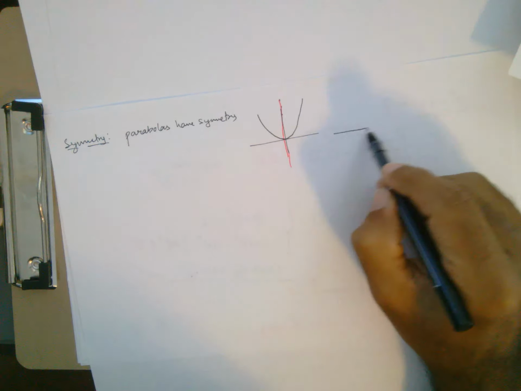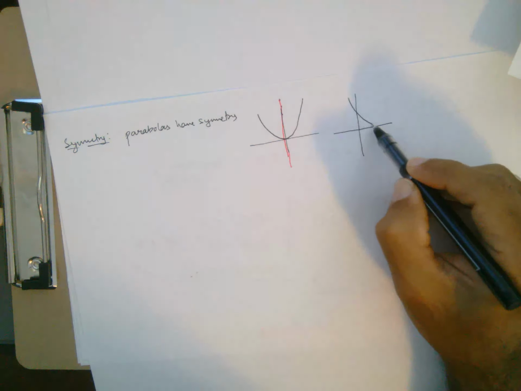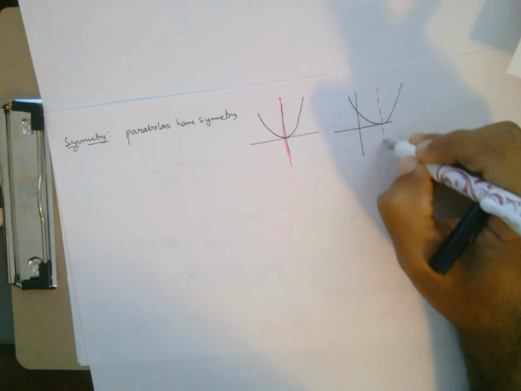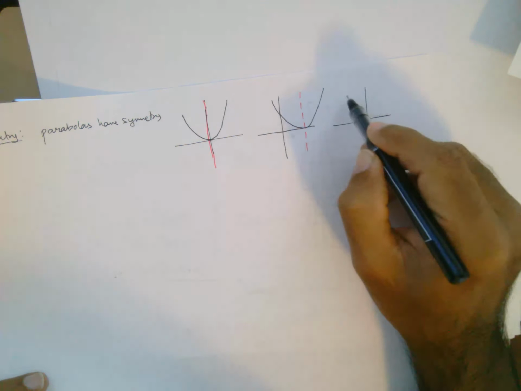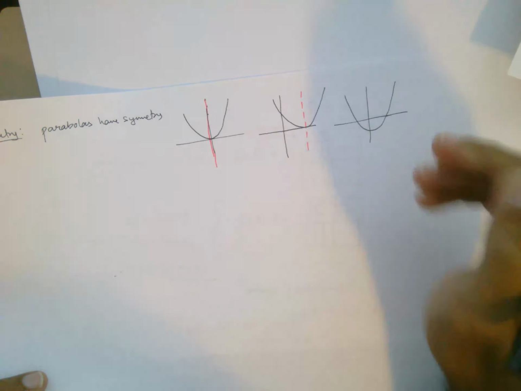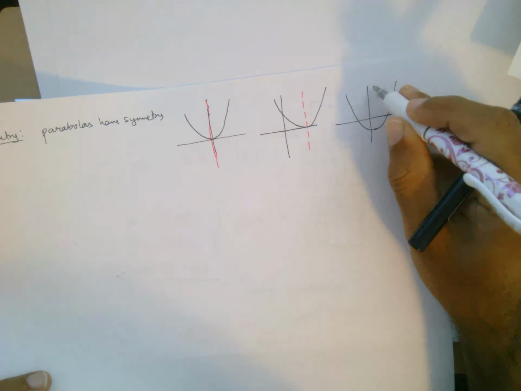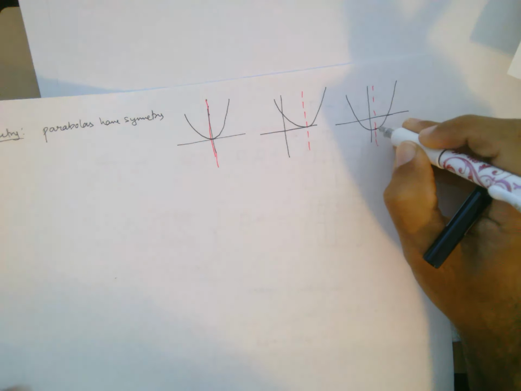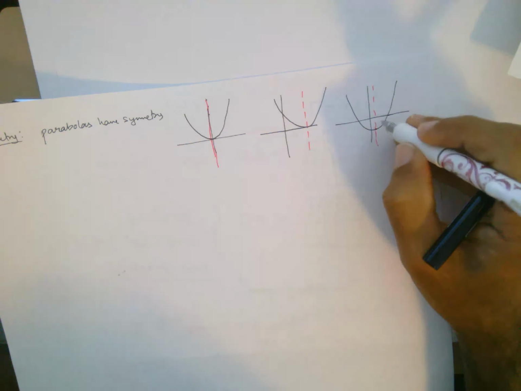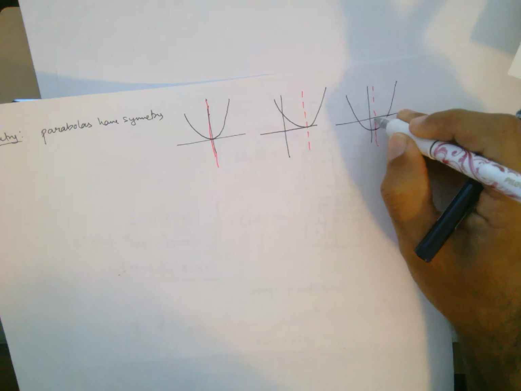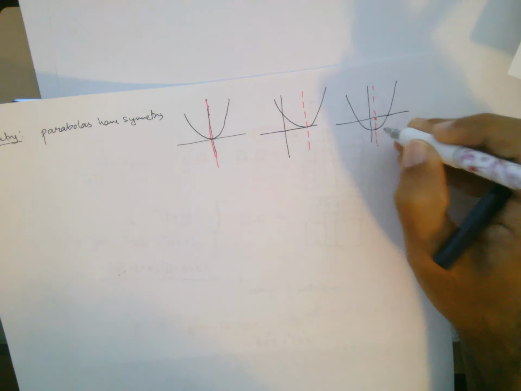Even if I were to move this parabola around to somewhere else, there is still a line I can draw about which it is symmetric. Or if I push this parabola down, I can still find this line about which it is symmetric. And recall from the light property that I told you about parabolas, this line of symmetry is the line that goes through the focus.